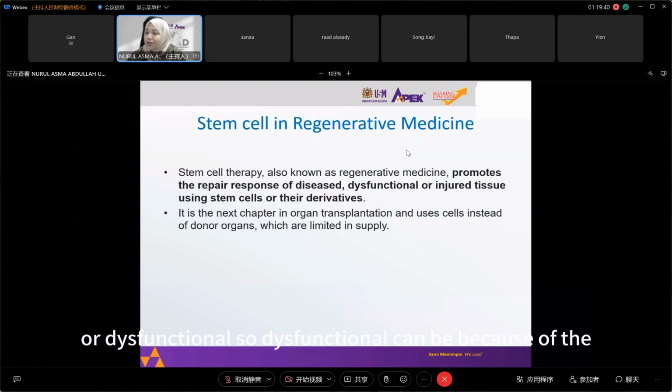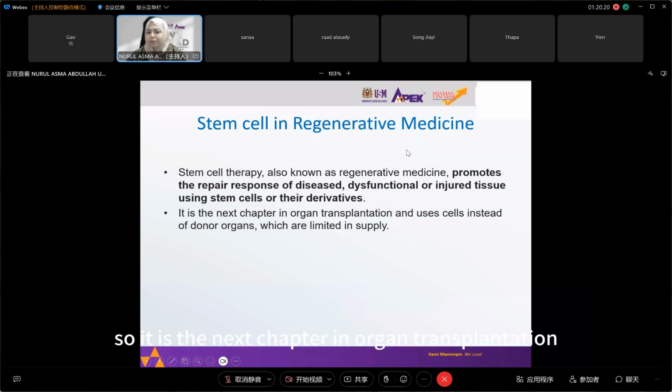Dysfunctional can be from birth defects, or dysfunction due to genetics that comes later in your life. So you can try to repair the dysfunctional side of your body and also injured tissue. For example, if you have an accident or an infection at that site, and the infection causes loss of certain areas of your body, you can regenerate or repair the area with stem cells.